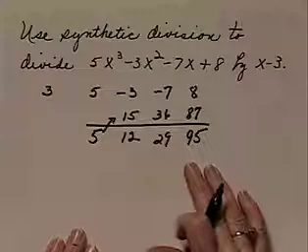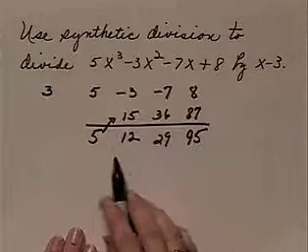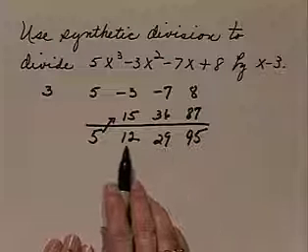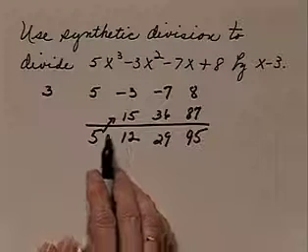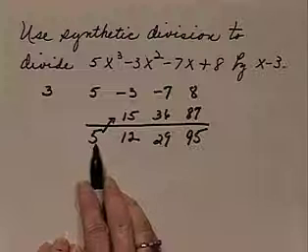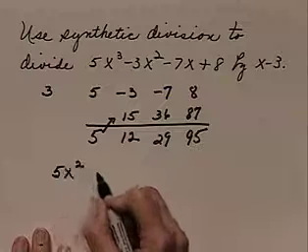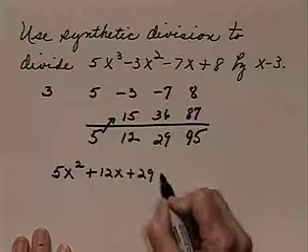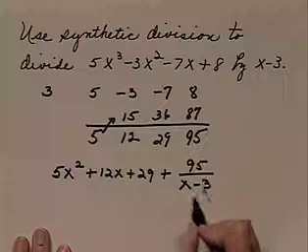The numbers that we have gotten here give us the remainder plus the coefficients of the quotient, starting with the constant, which is 29, the coefficient of x to the first, which is 12, and the coefficient of x squared, which is 5. So our quotient is 5x squared plus 12x plus 29 plus our remainder of 95 over our divisor.